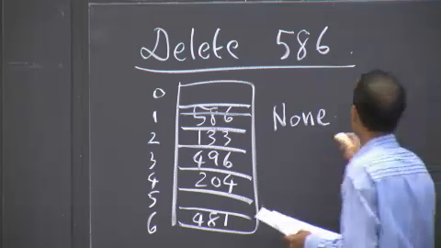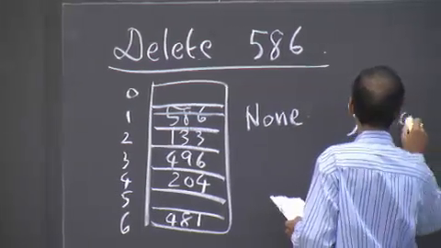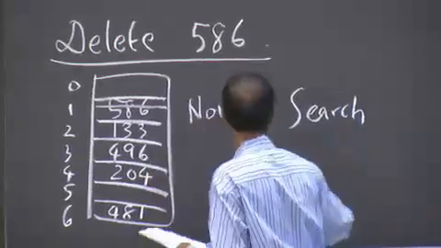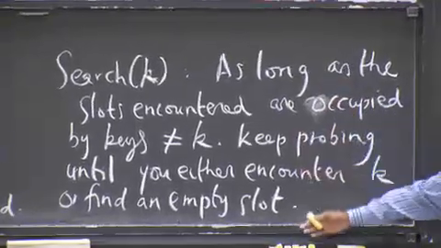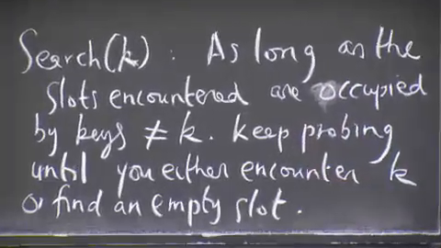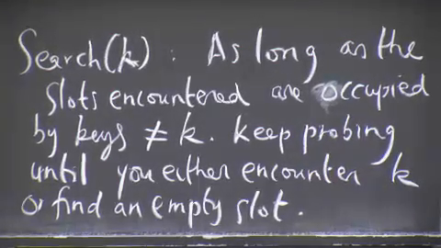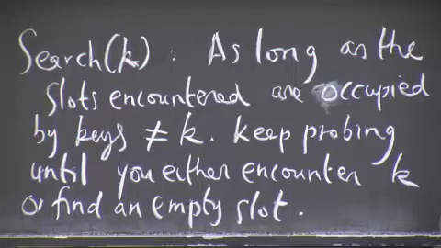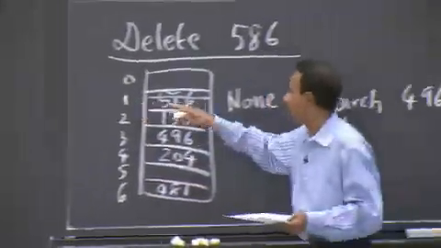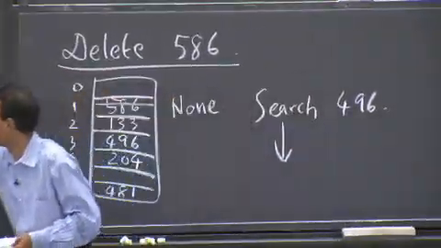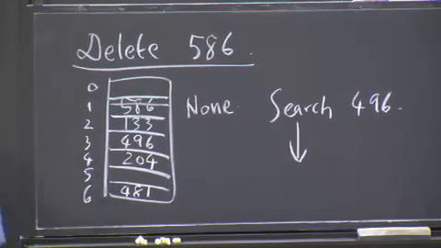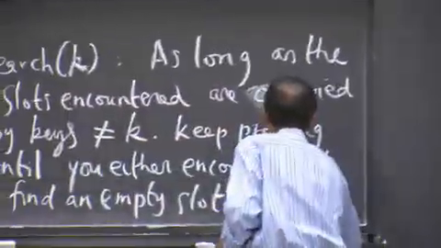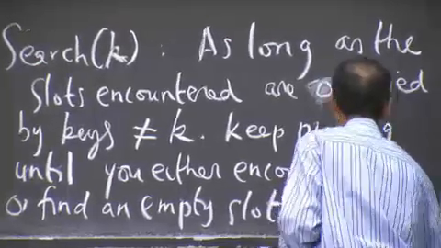Now, what happens is that when I search for 496, according to this search algorithm, what am I going to get? Well, the first slot I'm going to look at is 1, and according to this search algorithm, I find an empty slot, right? And when I find an empty slot, I'm going to say I failed in the search.